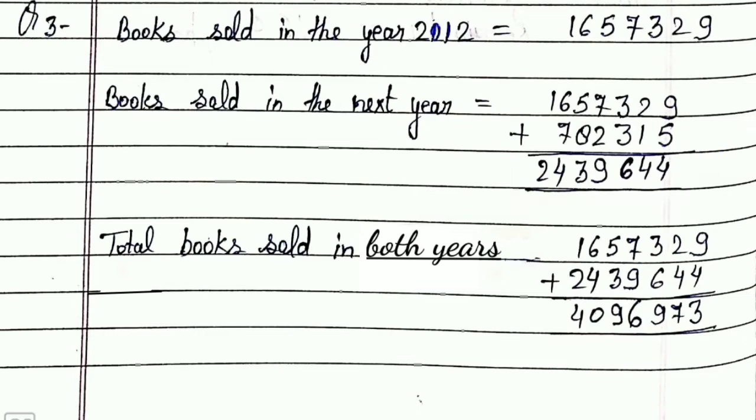Now for finding the total books sold in both the years, we add the number of books in 2012 and the number of books in 2013. So we will have 40,96,973. I hope you understand how we have done.